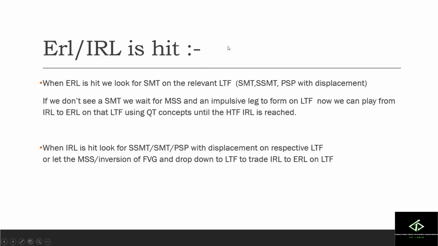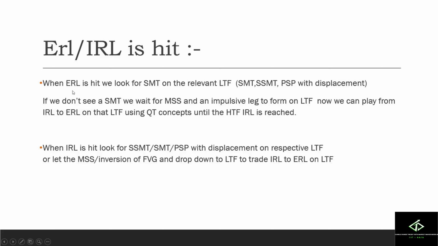So when price creates a fair value gap after a swing, that becomes our impulsive leg. It means that when the swing was created, price reversed, and then when the fair value gap was created, price displaced in that direction. So then it becomes a high probability leg. Whenever we are trading, we are always looking for an impulsive leg to trade from.